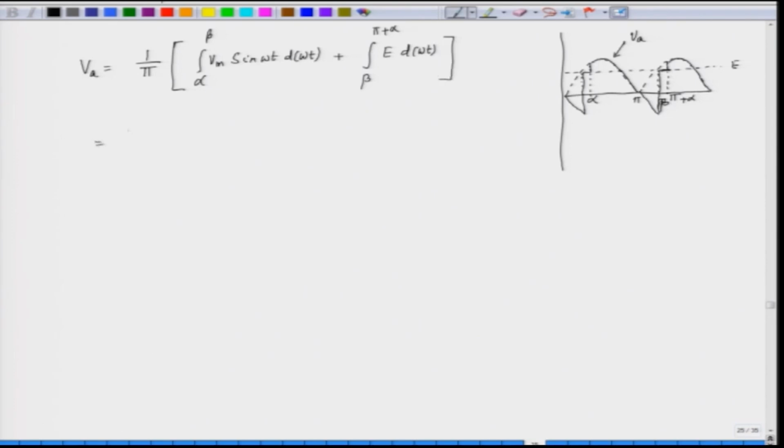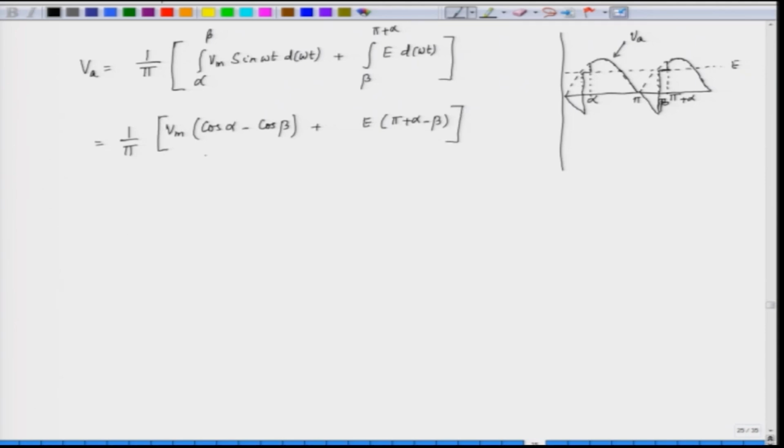Now, let us simplify this. This is equal to 1 by pi, Vm into cos alpha minus cos beta, plus E into pi plus alpha minus beta, whole over pi.